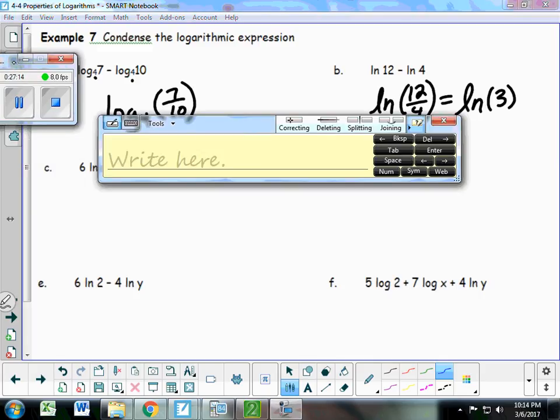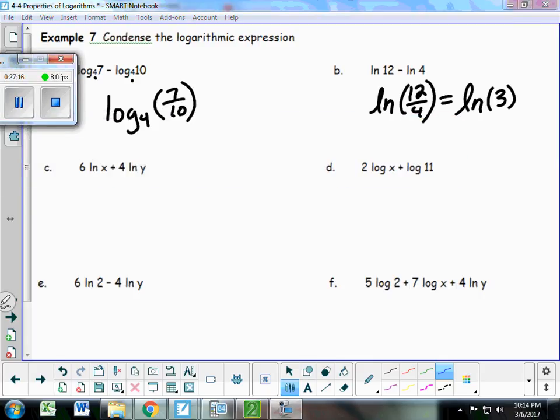Alright. 6 natural log x plus 4 natural log y. So remember, if there's a number out in front, before that was a power being brought out in front, we can bring a number being multiplied out in front as a power on what's inside the logarithm.